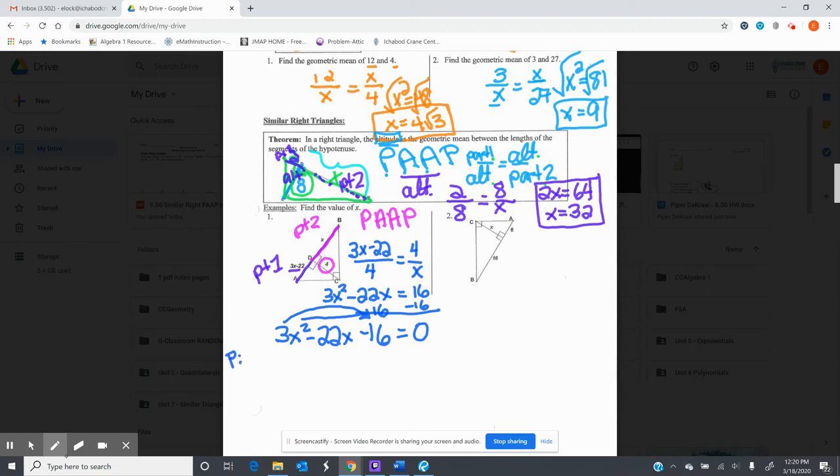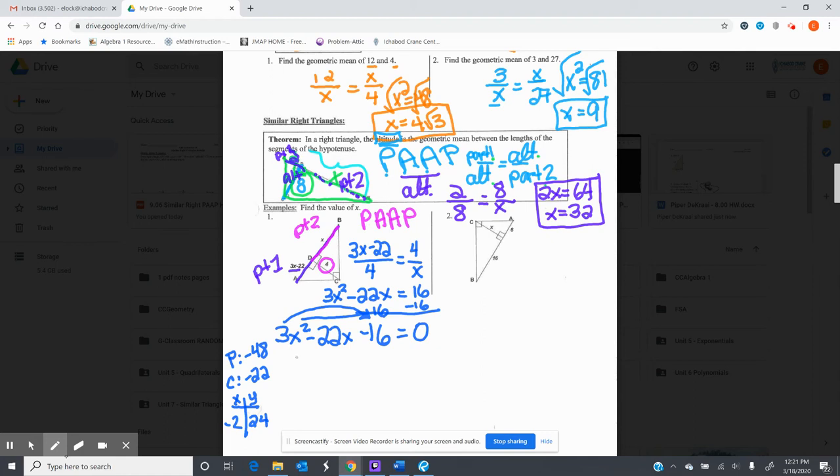So our p value is negative 48. Our c value is negative 22, and we would continue going from there. So when we're in our table, if you go into your calculator, go to y equals, we do get that negative 2 and 24 are factors. Now those signs aren't going to work for us.